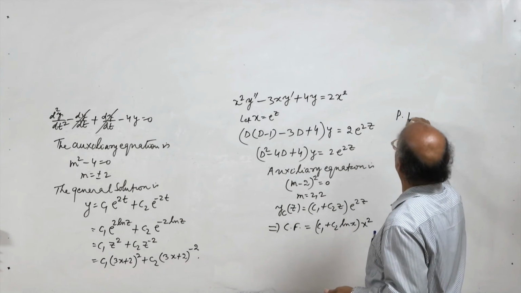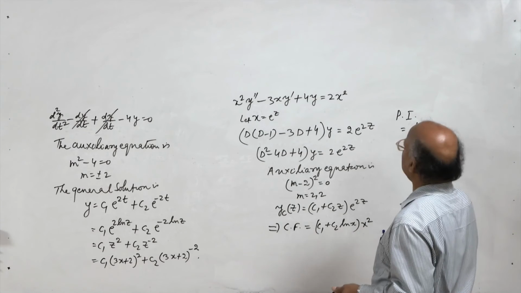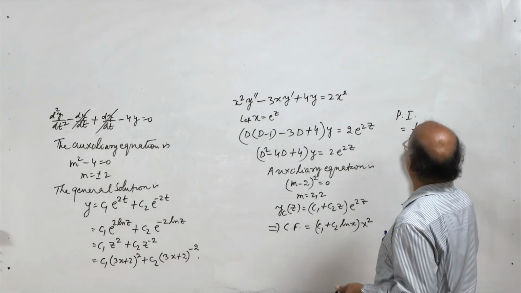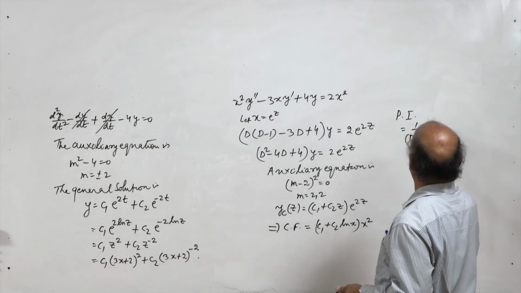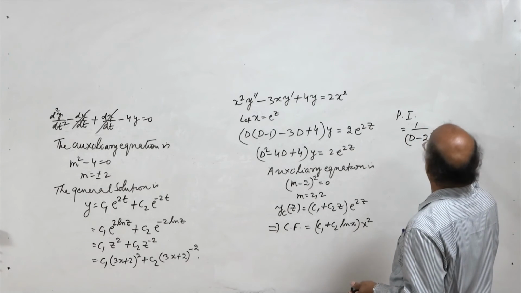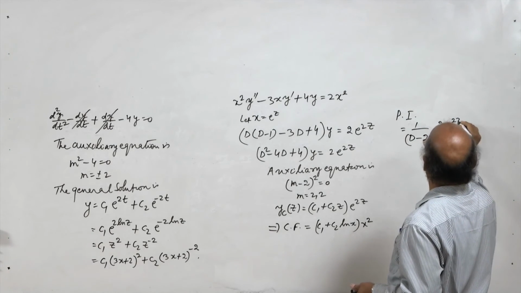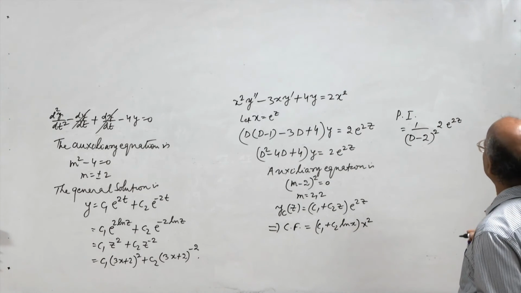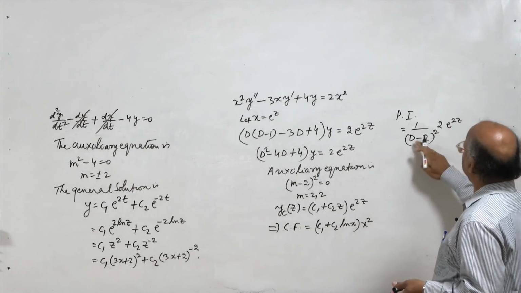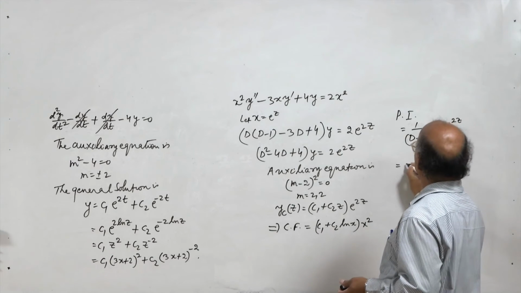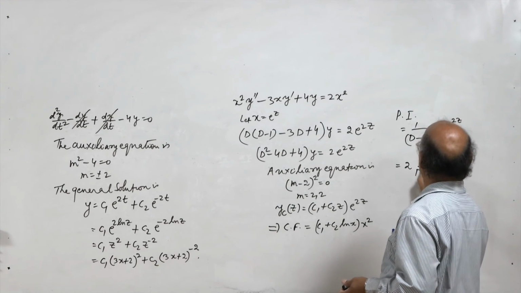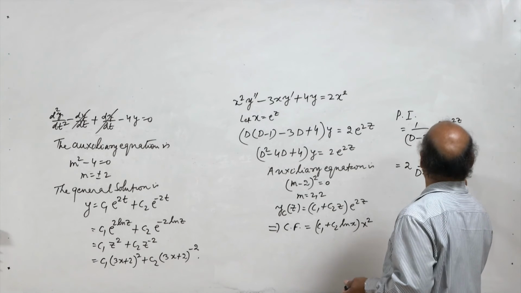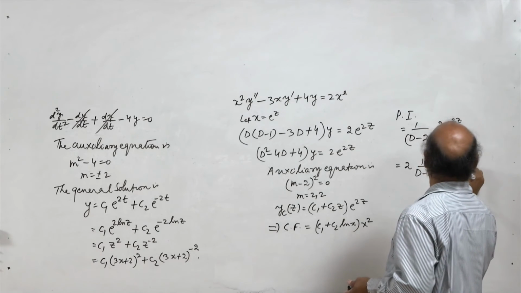So, the particular integral is 1 upon (D − 2)² operating on 2 times e to the power 2z. Now, 2 is a constant, we can write it outside the operator. When you replace D by 2 here, it becomes 0. So, what we do is 2 times 1 over (D − 2)² operating on e to the power 2z.